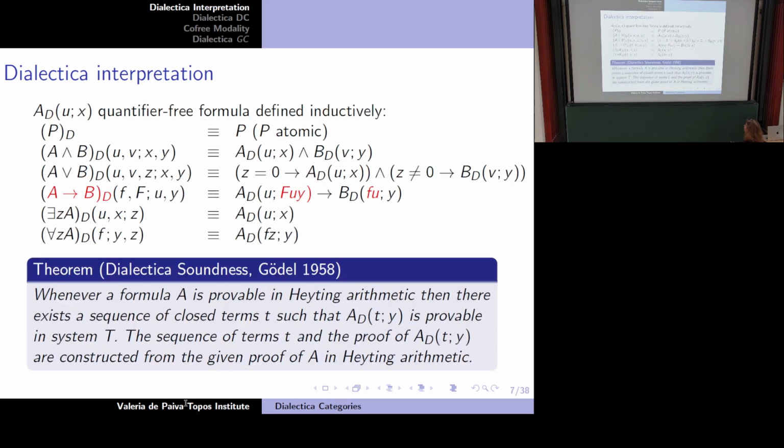The only thing that appears in the Dialectica paper itself is this translation as I'm repeating it there, and you can see that for conjunctions, it does the obvious thing, just distribute the conjunction between the two. For the disjunction, it does the traditional constructive trick of saying, if it's 0, you go to the first coordinate, and if it's 1 or not 0, you go to the second.